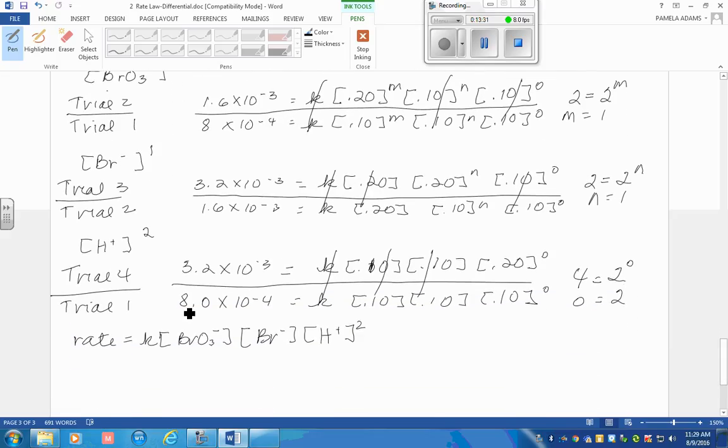So the rate is 3.2 times 10 to the negative third is equal to the rate law constant times 0.1 raised to the first power, 0.1 raised to the first power, and 0.2 raised to the second power. And when I square that, multiply it by this, and divide them into this, K is equal to 8.